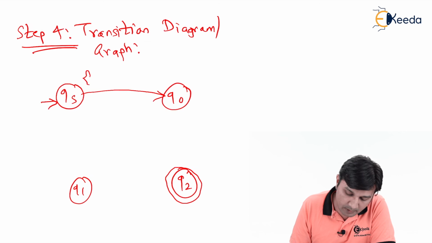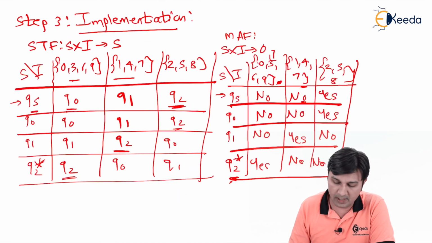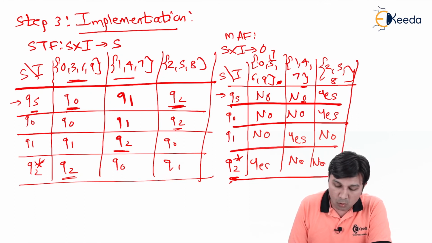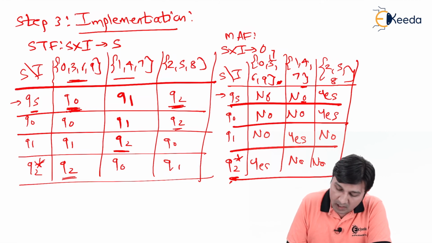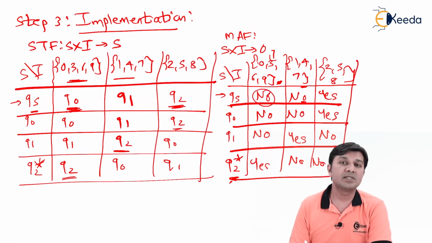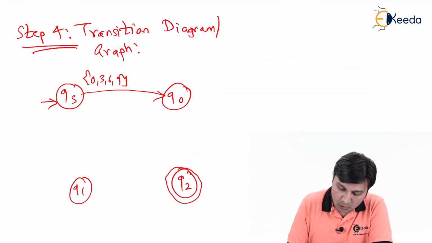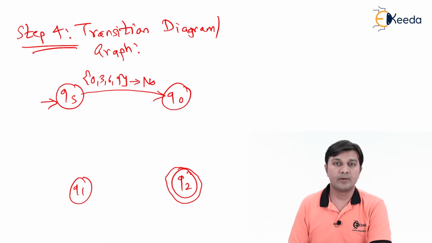On receiving input 0, 3, 6 or 9. Come to step number 3 again. QS on receiving input 0, 3, 6, 9 goes to state Q0 and the corresponding output which it gives is no. So make sure you mark it. The corresponding output which it gives over here is no, right?